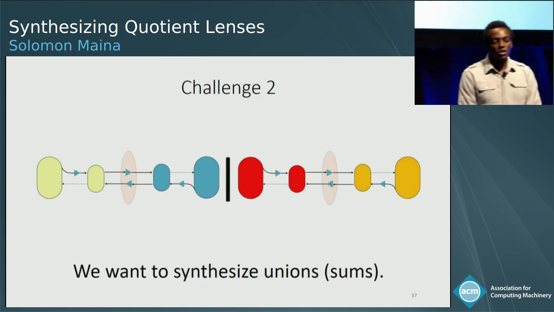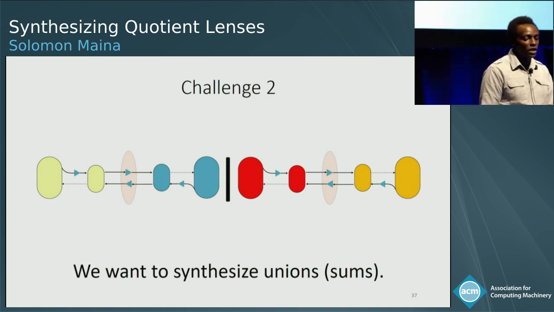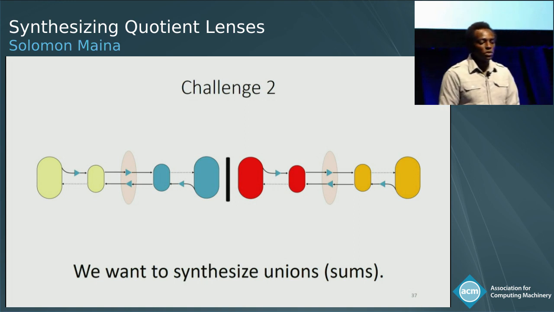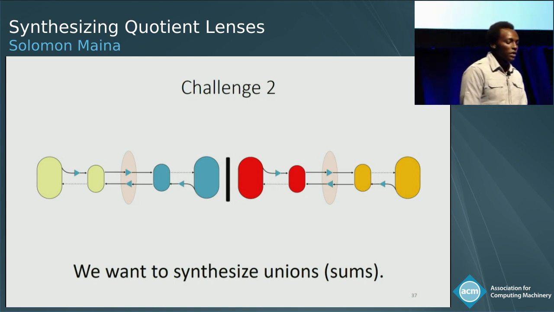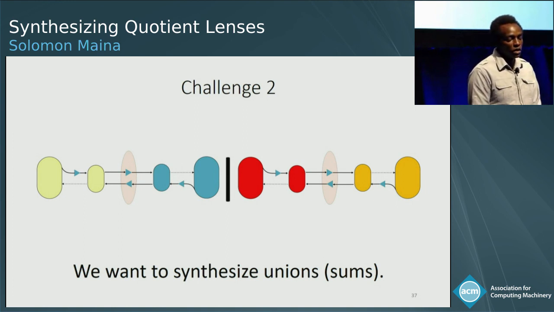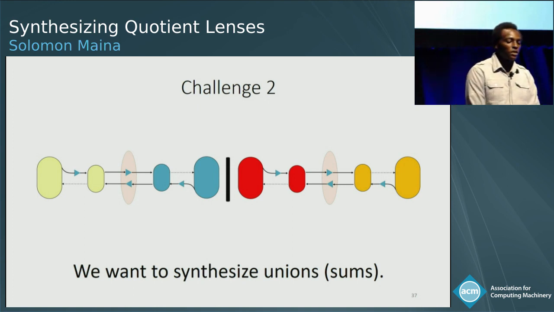We want to synthesize unions. So if we have a lens from S1 to T1 and a lens from S2 to T2, we want to be able to say, for example, if I give you an S1, then use the first lens in the forward direction, and if I give you a T2, use the second lens in the backward direction. So this is lenses on sum types.